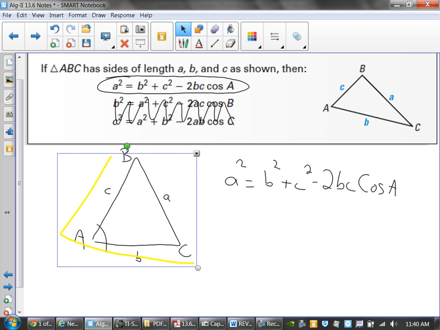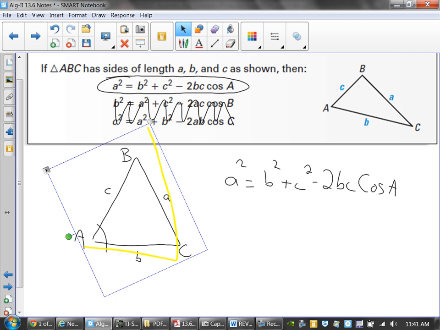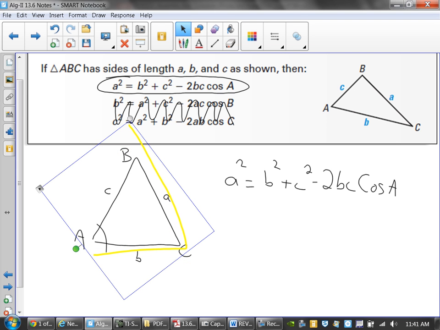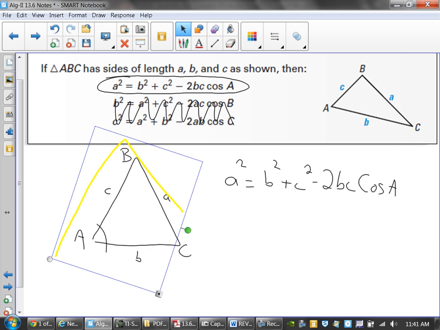That works going all the way around the triangle. That's why it's little c squared is b squared plus a squared minus 2ab, and so on. That's why they write it out 3 different ways, because there are 3 different scenarios.